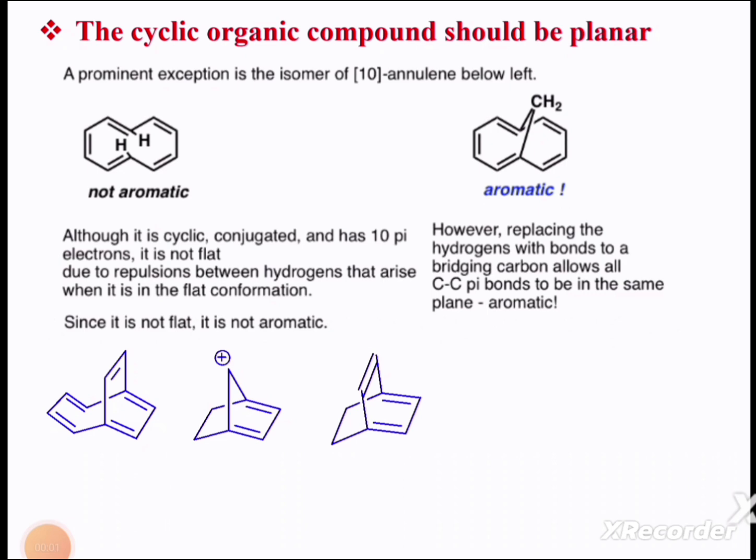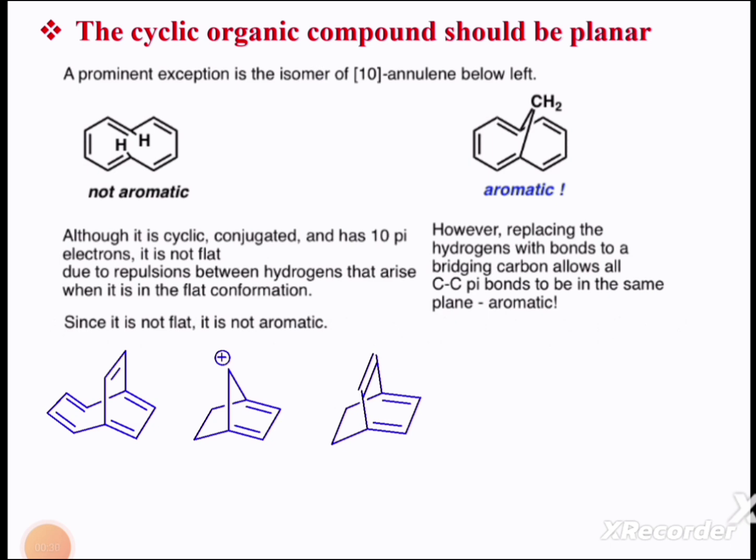The second condition is that the cyclic organic compound should be planar. The compound should be flat and can be placed on a 2D plane or on our blackboard. If any component or part of the cyclic conjugated system is below or above the plane, that will not be an aromatic compound.